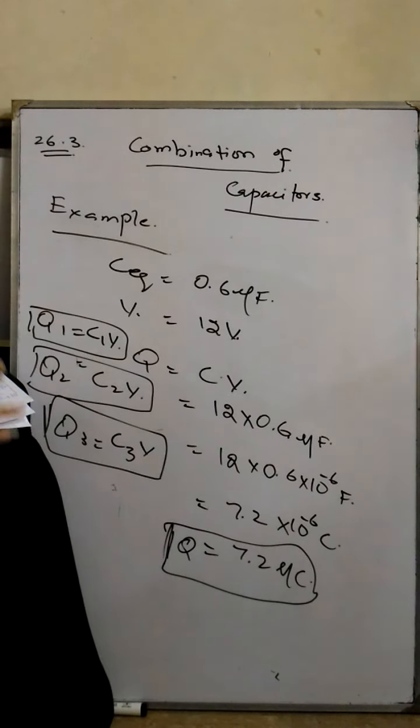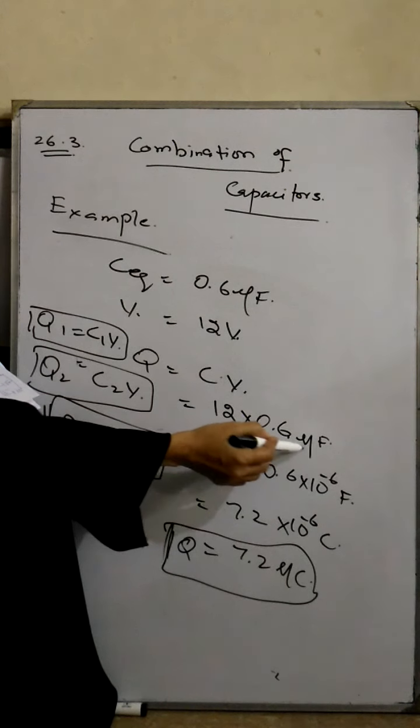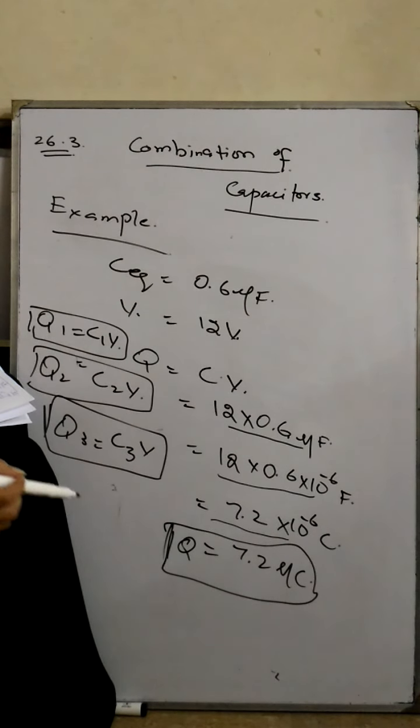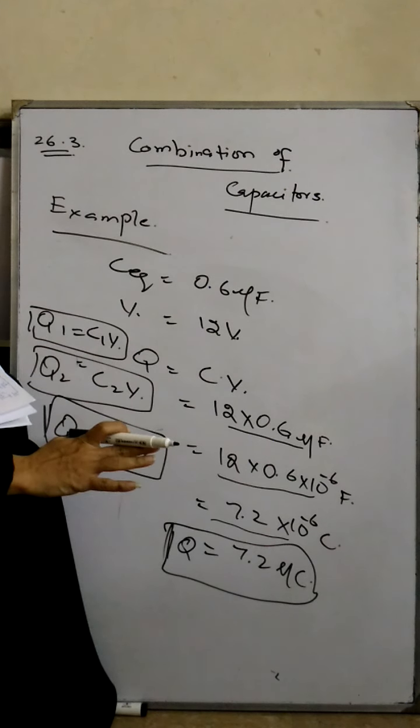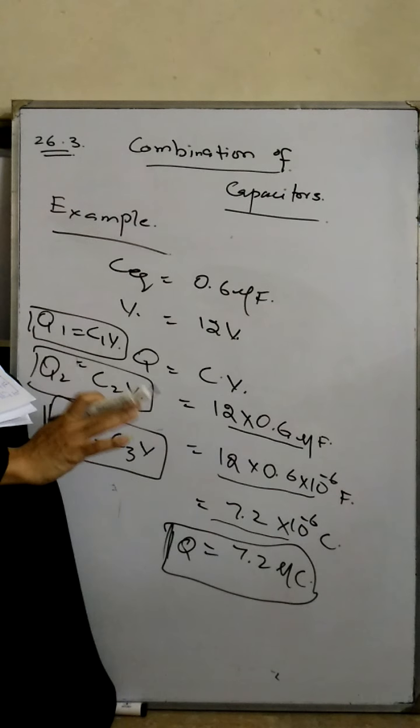Just remember that whenever you are trying to solve it, make sure that the units are same. Otherwise, you won't be able to find the answer, and it will be incorrect. So this is all for the parallel combination of capacitors in a circuit. I hope it's clear.